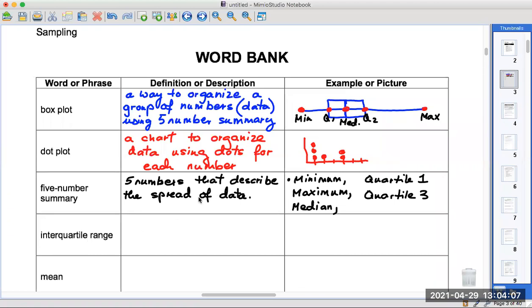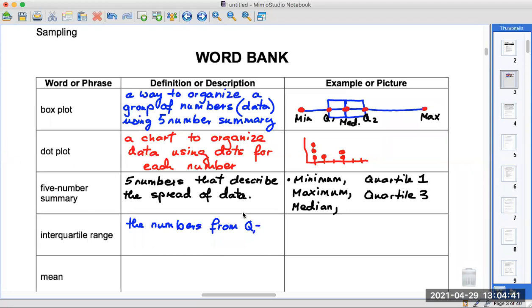The interquartile range are the numbers from Q1 to Q3. By the way, one thing I need to tell you, when you do these, you always put the numbers in order from the least to the largest, from the smallest to the largest. Q1 is called Q sub 1.